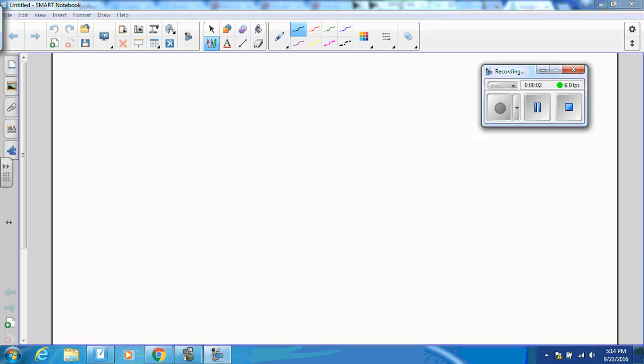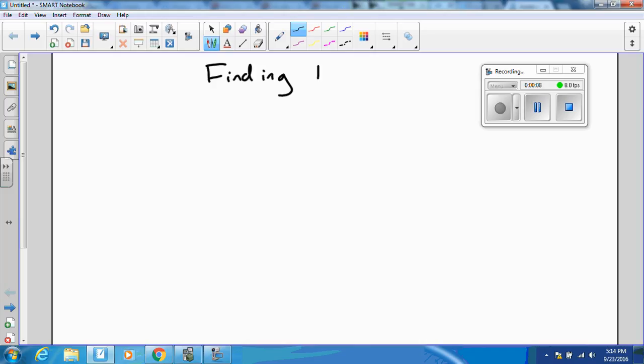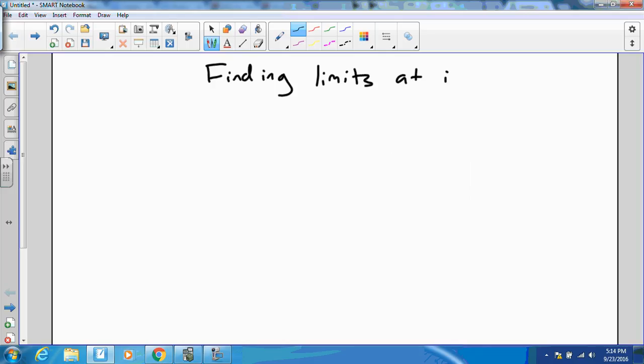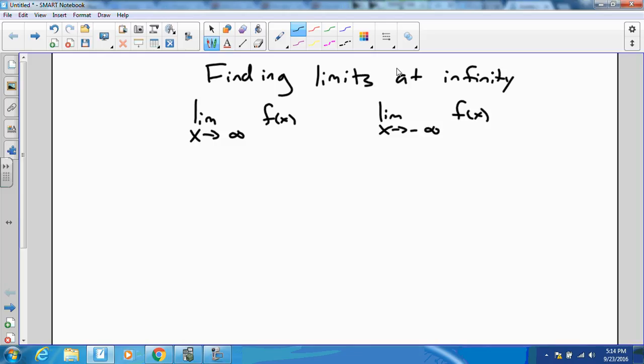Howdy. We're going to talk today about finding limits at infinity using analytic techniques. Specifically, we're going to be talking about finding the limit as x goes to infinity of f of x, and the limit as x goes to negative infinity of f of x.